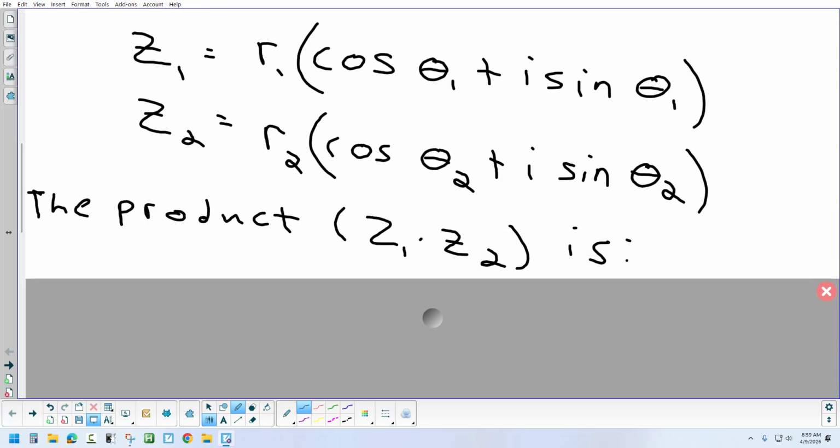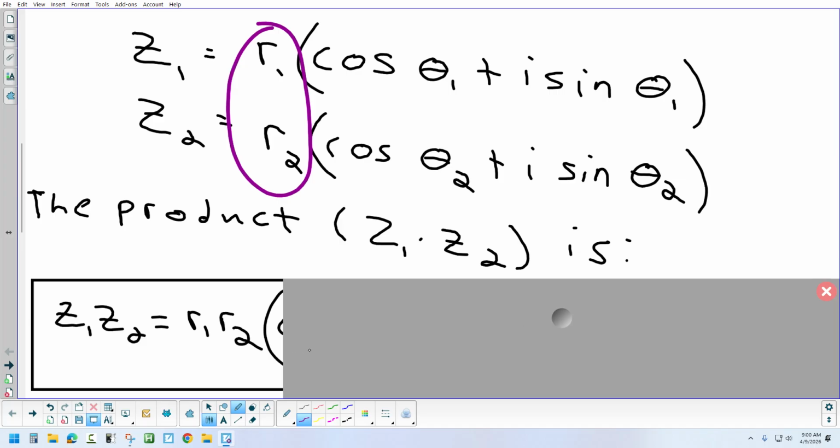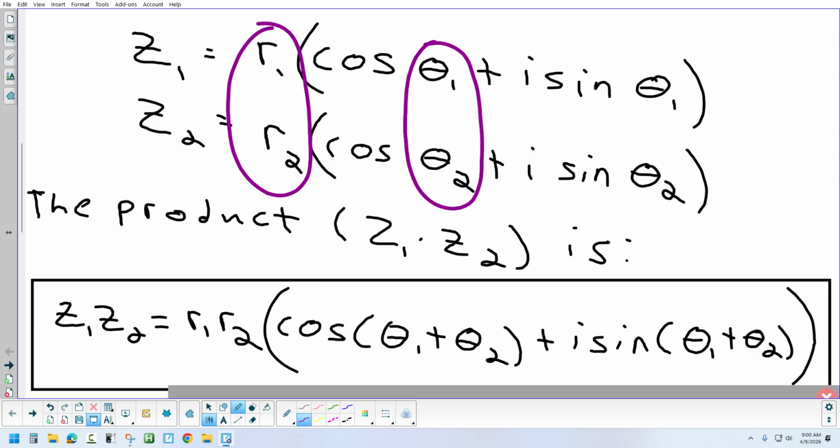If we want to multiply these 2 numbers together, instead of having to do FOIL and then i squared and change that to negative 1 and combine, all we have to do is 2 things. We're going to take the 2 numbers that are in front and we're going to multiply them together. So we just have to multiply the 2 radii. And then we're going to take the 2 angles that are right there and add them up.